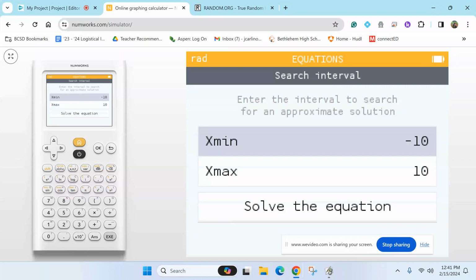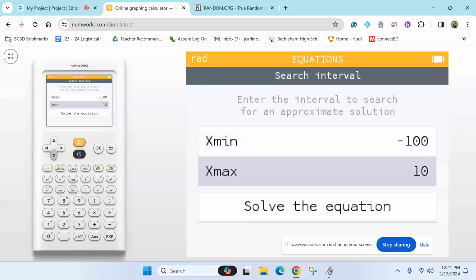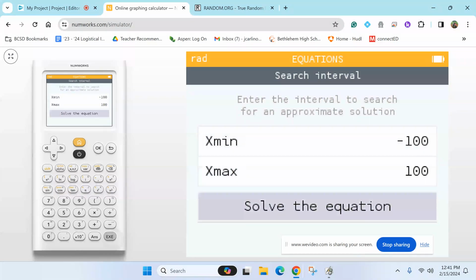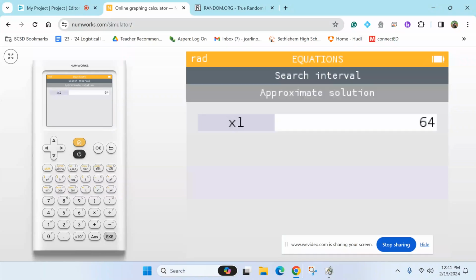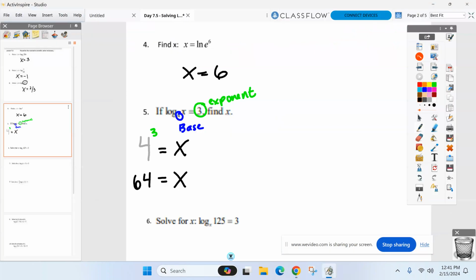The calculator's going to say there is no solution, and you're going to go nuts again. So how about -100 to 100? And then we get 64. Doing a log problem, you might have to reject an answer, so you have to check it to make sure both answers or one answer is there. So from now on, we have to check.